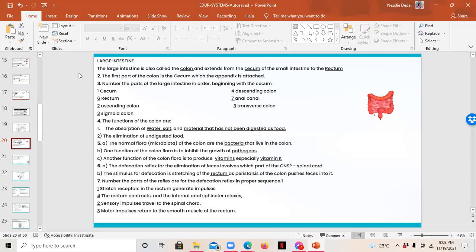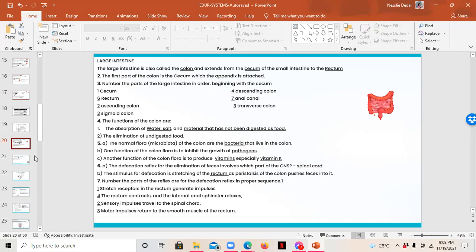Number 7, number the parts of the reflex arc for the defecation reflex in proper sequence. 1. Stretch receptors in the rectum generate impulses. Number 2 is sensory impulses travel to the spinal cord. Number 3, motor impulses return to the smooth muscle of the rectum.